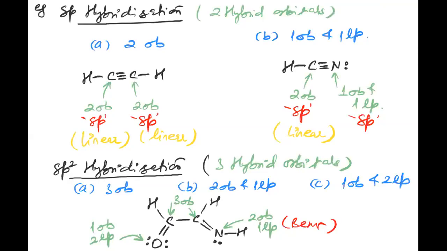In the next one, let's say we have sp3 hybridization. In sp3 hybridization, here we have 4 different things.